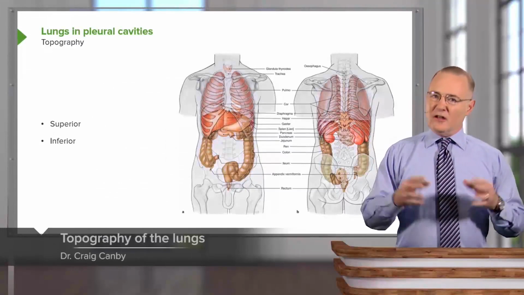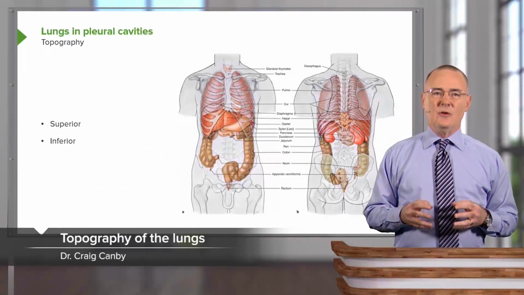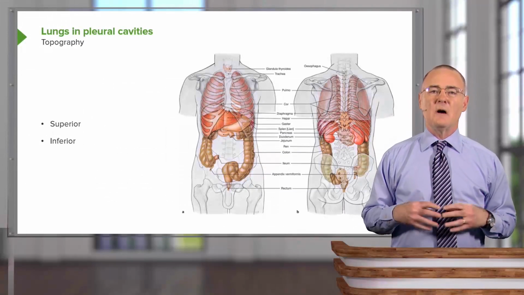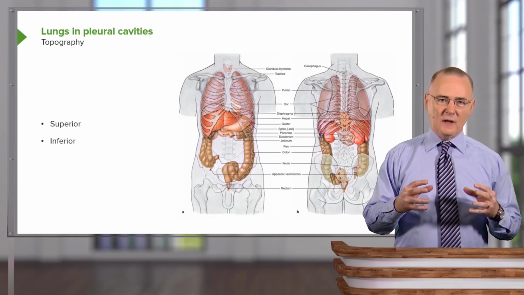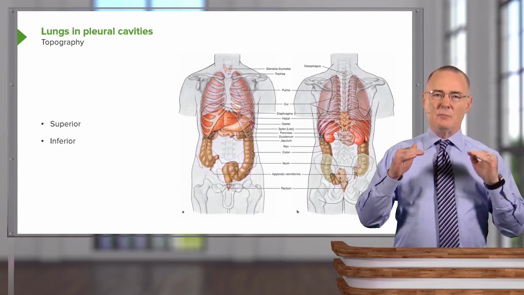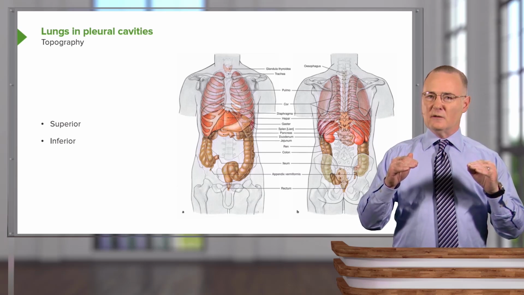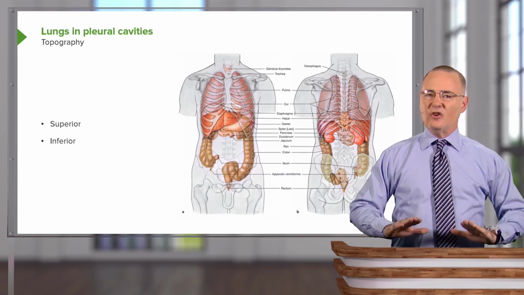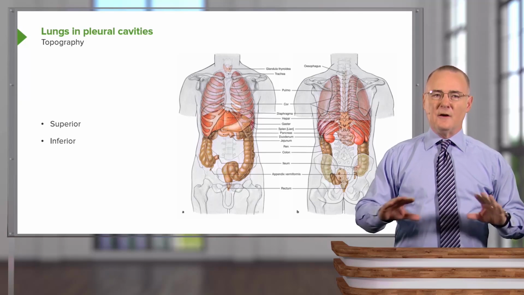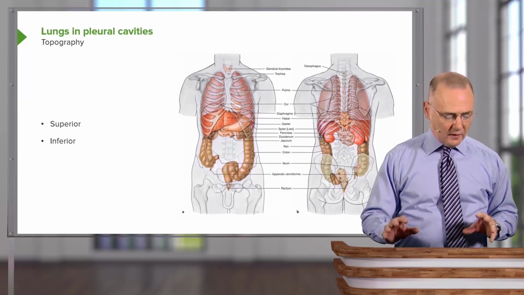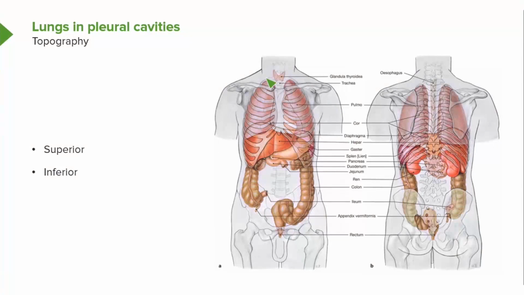Our focus here on this slide is to understand the topography of the lungs, and you'll need to think about the superior topography or limit of each lung versus its inferior limit. So first, let's start with the superior limit of the lung, and we see the apex of the right lung projecting above the clavicle.